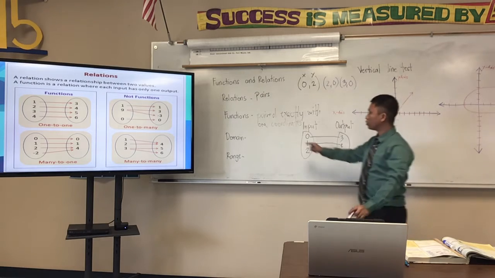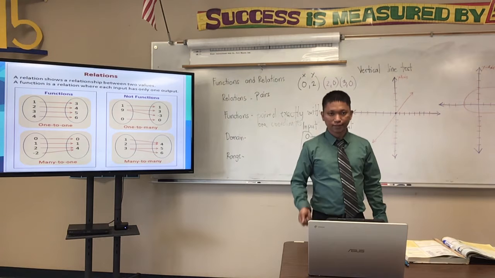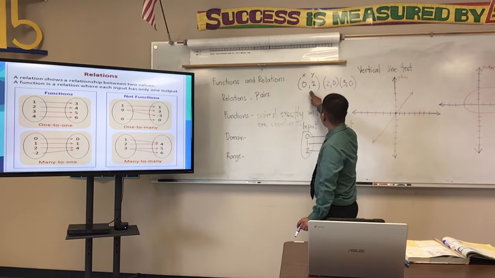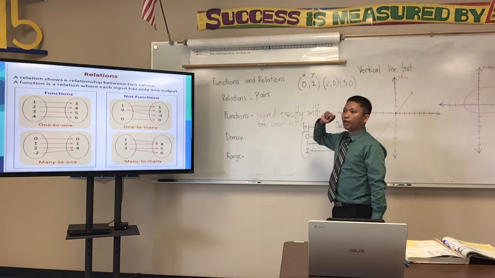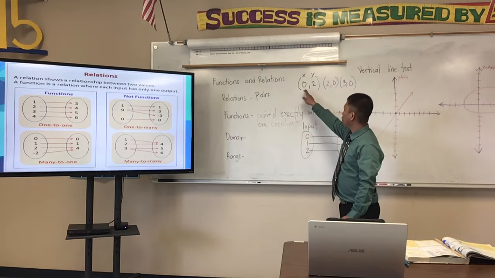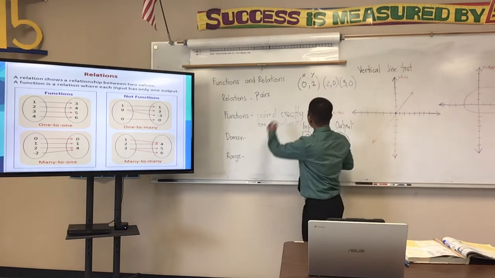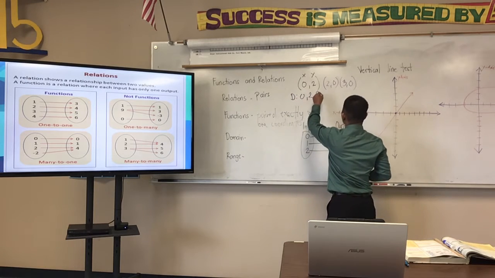So what we call the domain is the set of the first coordinates. Here, our domain would be the elements on the x-axis, or the x. We have 0, 2, 3. So this would be our domain: 0, 2, 3.